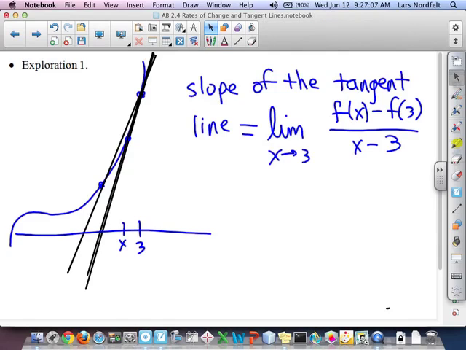Here's another way to think about it. If we call this distance h, now, I want to make all this somewhere over here.